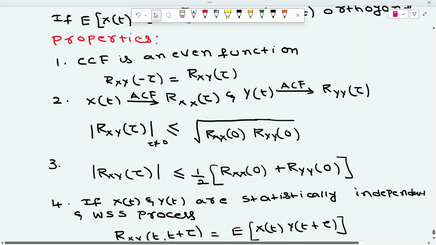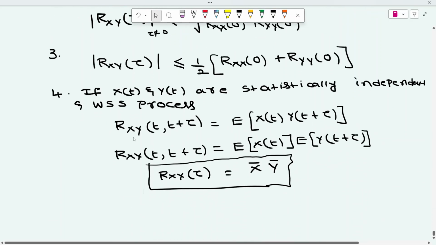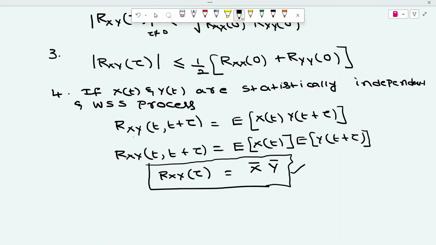Second and third give the maximum magnitude of the cross correlation function at any time instant tau, which we can find by using these relations. And fourth one is if they are statistically independent as well as wide sense stationary processes, then the cross correlation function is simply given by the product of the individual means. So this is the definition of cross correlation function and its properties.